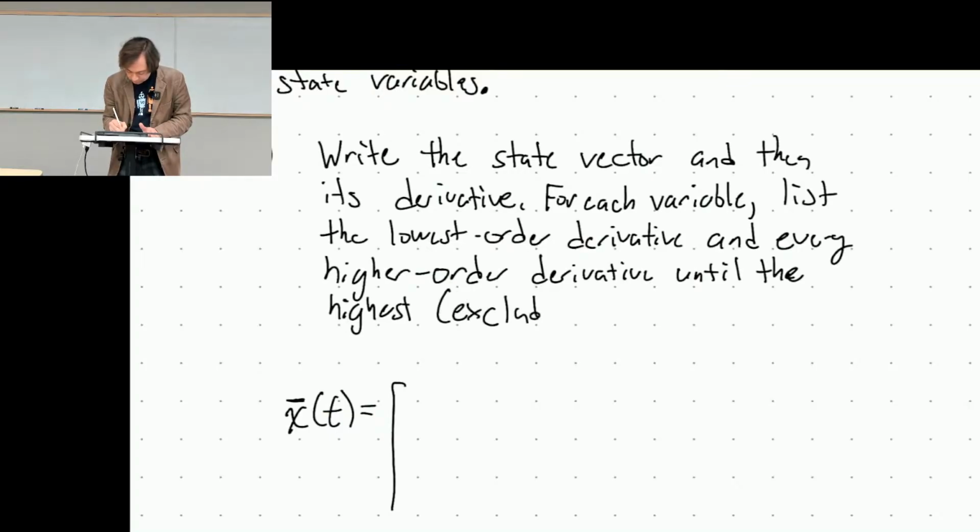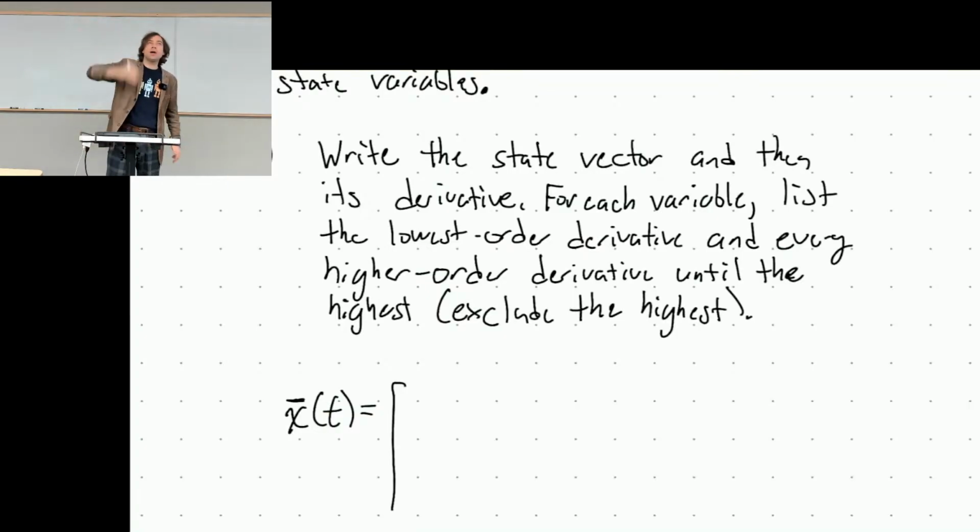So you want to exclude the highest. Okay. So you want to count up all the higher derivatives, but you want to leave out the highest one.